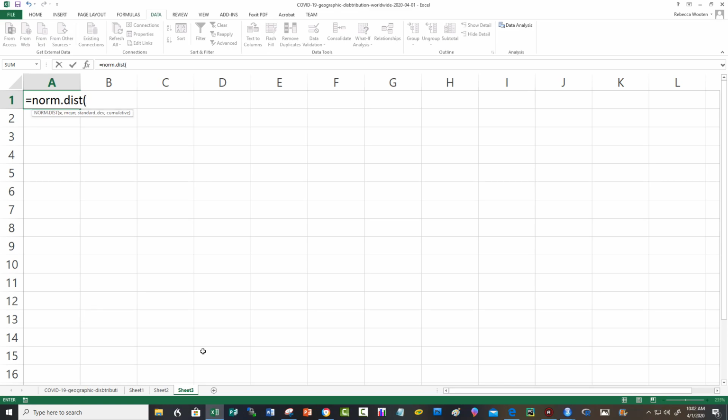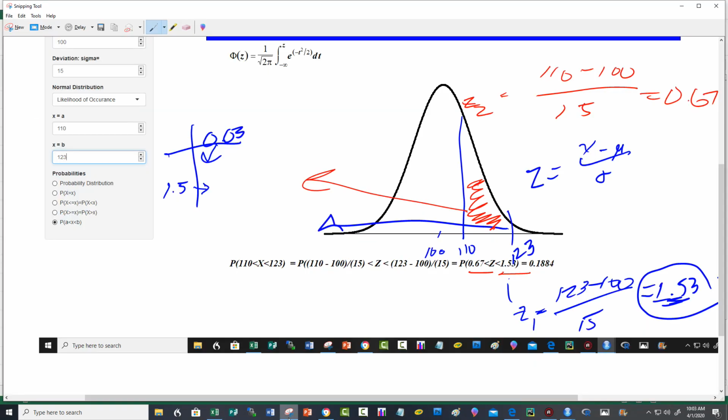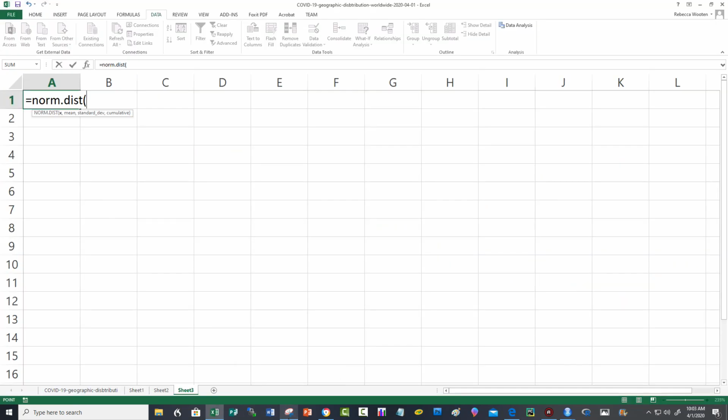We wanted to have, well, we're going to have to do them one at a time. This will give us to the left. So the original value was, let me double check it again, 110 to 123. So we want to go behind 123, given that the mean was 100 and the deviation was 15, and we do want this to be cumulative. Then we can find the probability to the left of the other value.